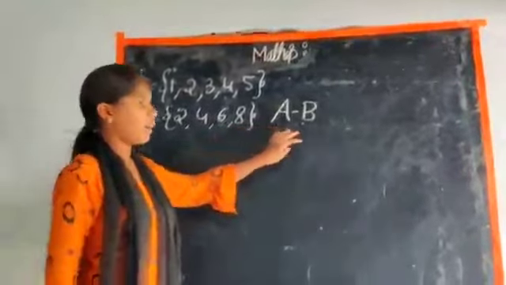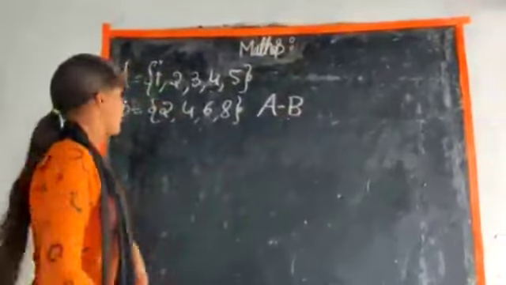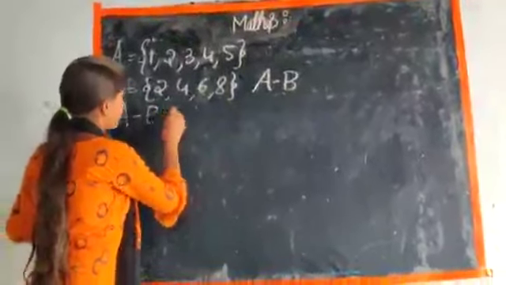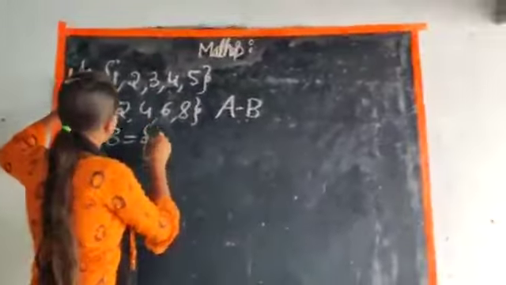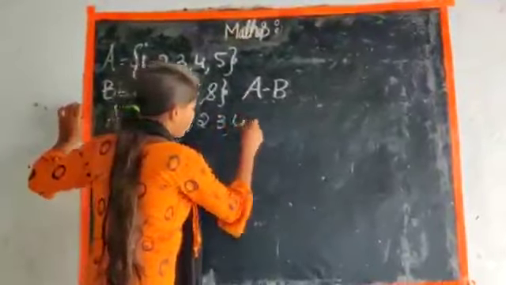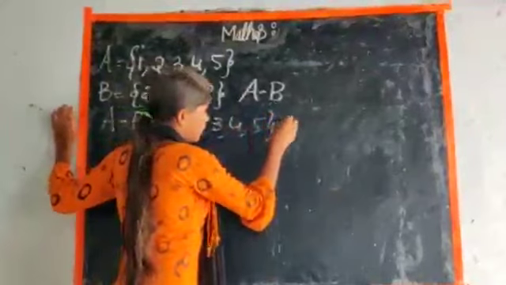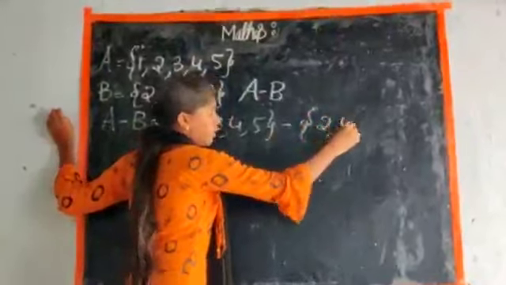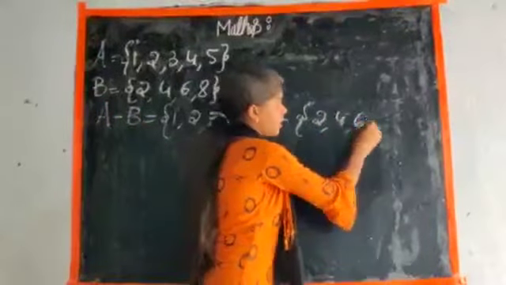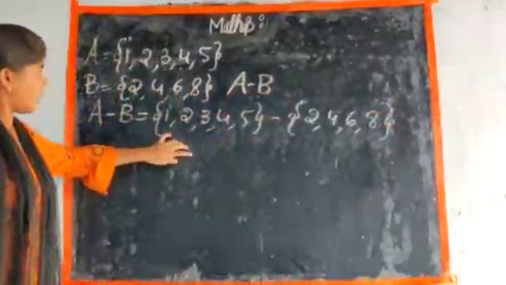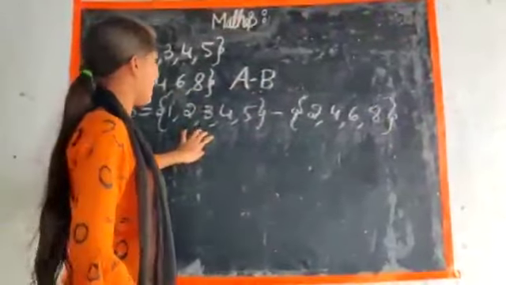Now I am going to do A minus B. A set minus B set. A set is 1, 2, 3, 4, 5 and minus B set, 2, 4, 6 and 8. After doing minus, we have to write only A elements.